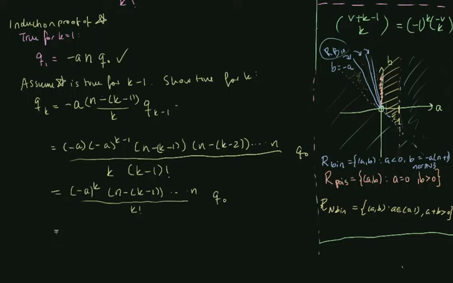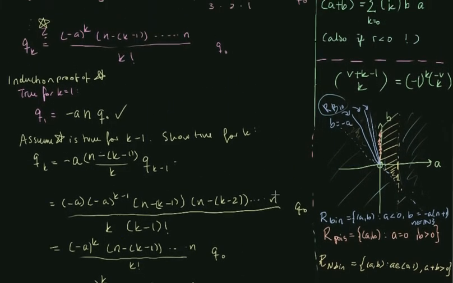Now, one last thing that we can do is rewrite this expression a little bit and notice that in fact this is n multiplied by n minus 1 and so on, until n minus k plus 1, divided by k factorial multiplied by q0.